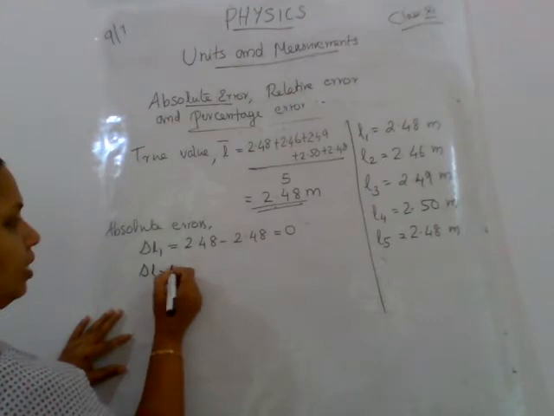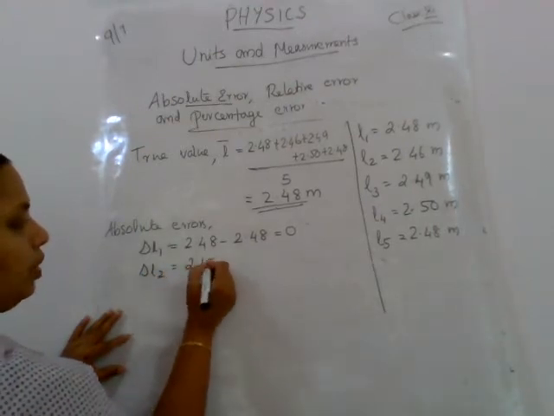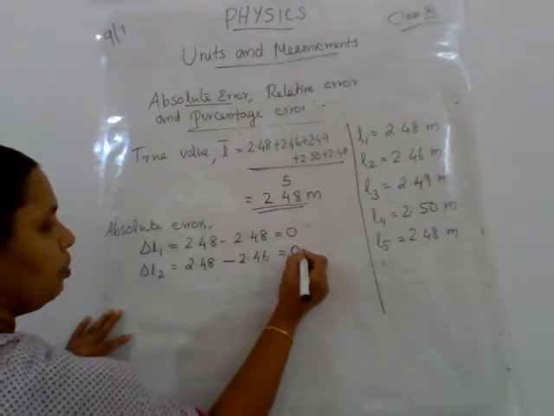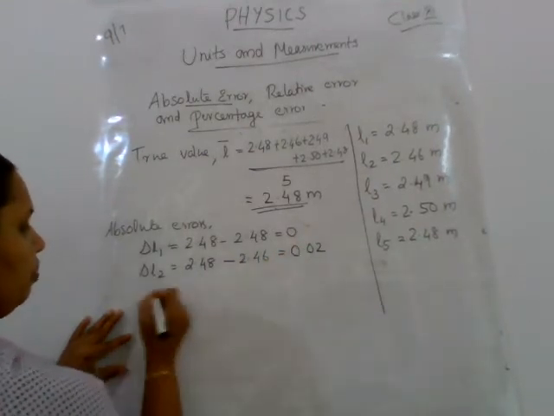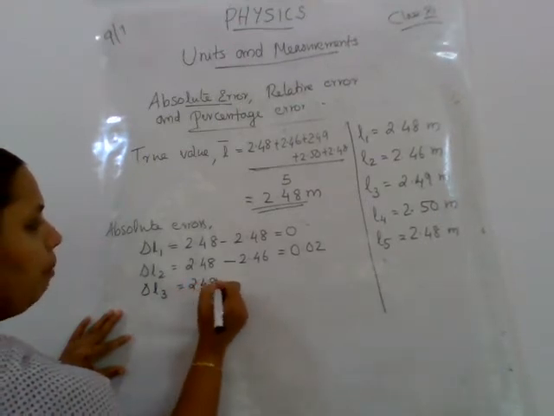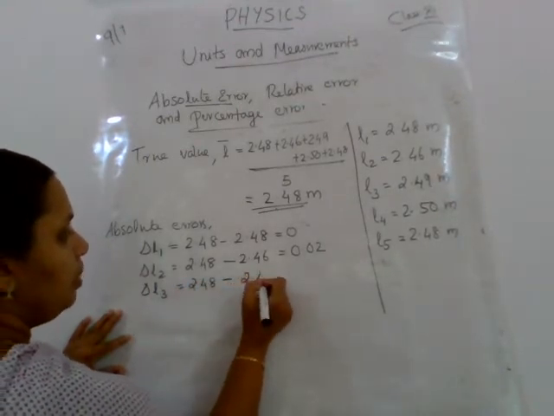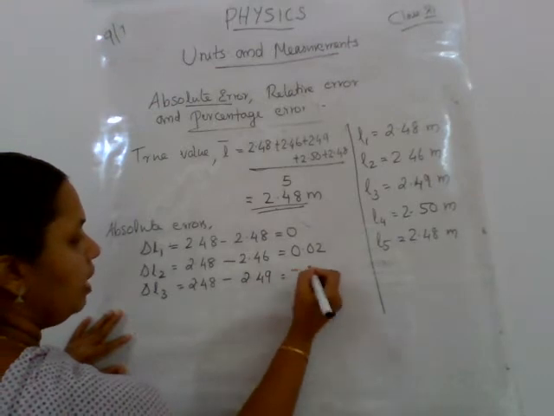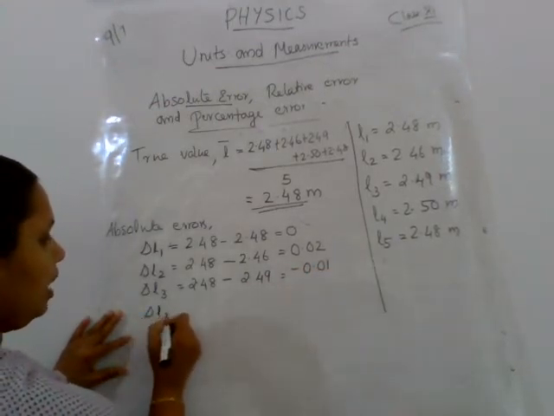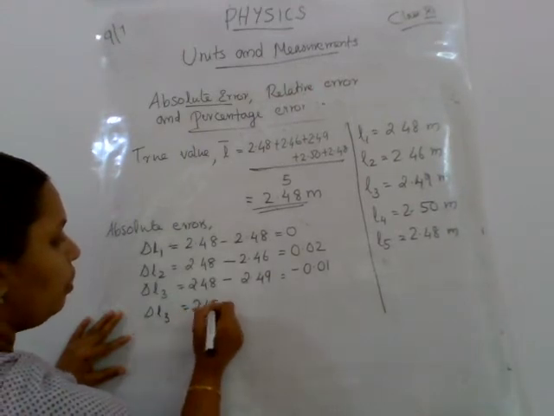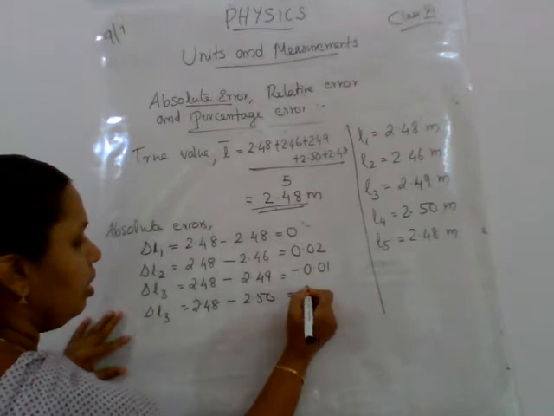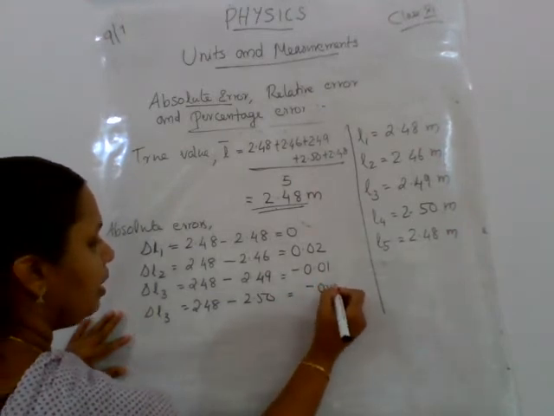What is delta L2? True value minus measured value, 0.02. Delta L3 is true value minus measured value, 0.01. Delta L4 is true value minus measured value, minus 0.02.